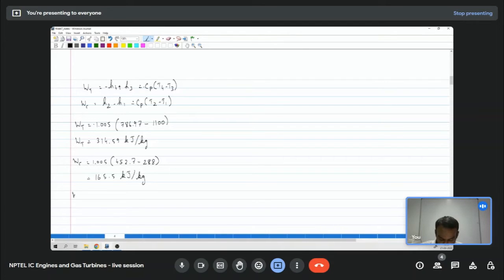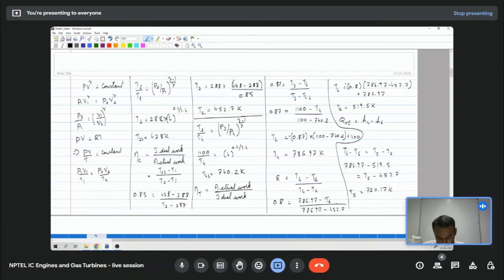So specific work output is W turbine minus W compressor, which is 314.59 minus 165.5. That is 149.09 kilojoule per kg. So this is the specific work output.